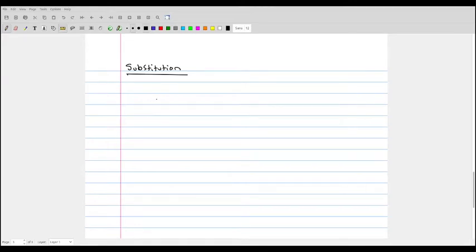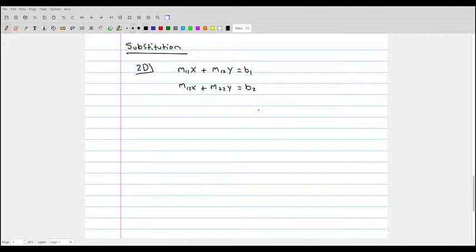So if we take our general linear system of two variables, and we write this down, and for ease of labeling, we'll call this equation 1 and this equation 2.